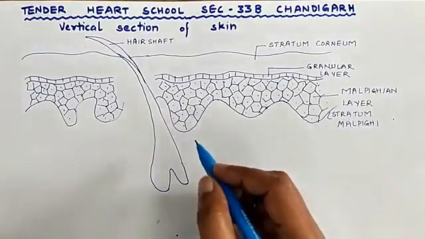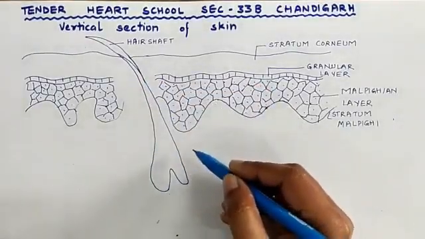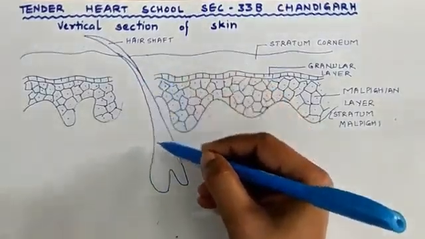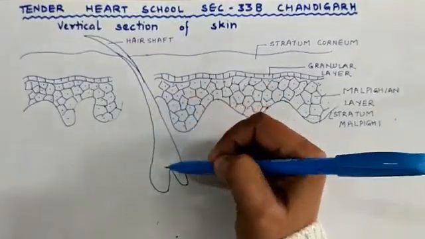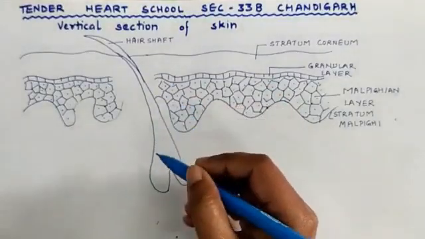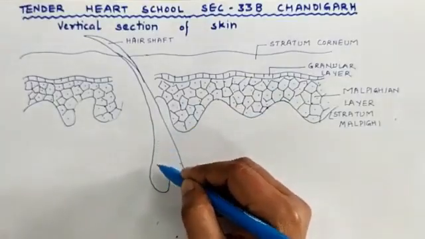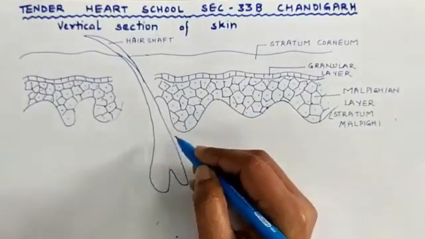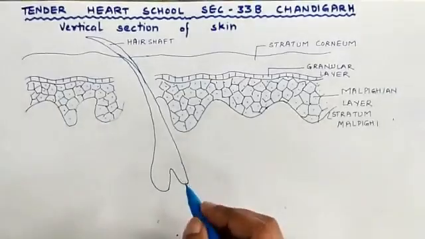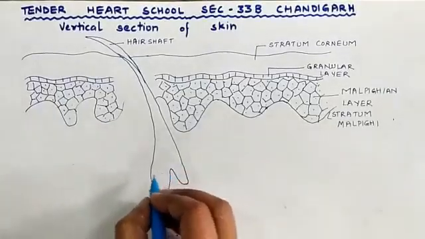Now the hair is embedded inside the dermis. This is called the hair root, which is present inside the dermis, and the hair root at the bottom is swollen, forming the hair bulb. So this is your hair bulb, you can label it.